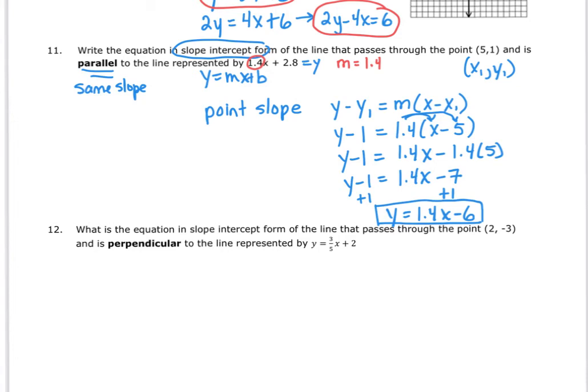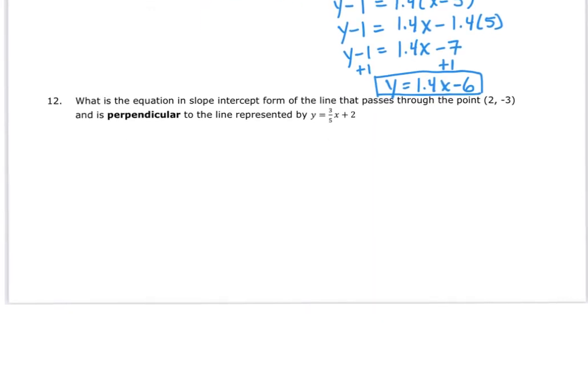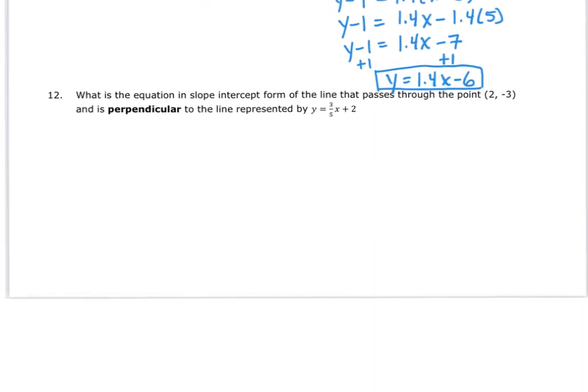On to question number 12 on page 3. It's our last question for this page, and then we'll go on to page 4. Again, just read carefully through the problem. What is the equation in slope-intercept form? Slope-intercept form is y equals mx plus b.